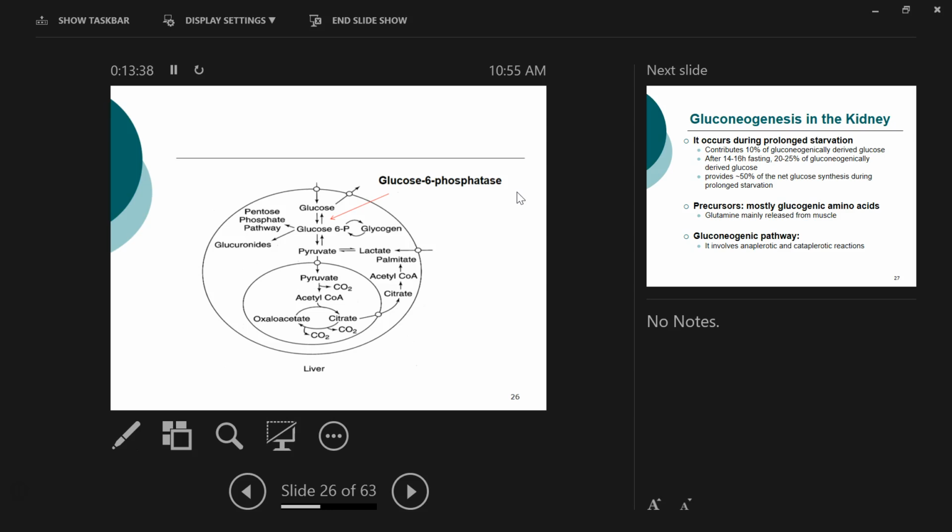So glucose 6-phosphate is converted to glucose. This is the last reaction in the gluconeogenic pathway, but it's also the last reaction in the glycogen breakdown pathway, right? So this is a common pathway for both gluconeogenesis and glycogen breakdown.